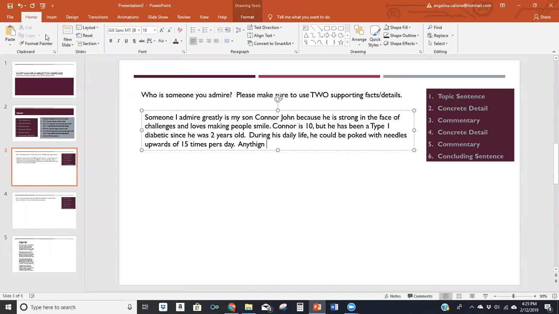Anything he eats impacts his health, his mood, his brain, and his emotions. He wears a pump and a CGM, which is no mean feat for a 10-year-old, for a little boy.